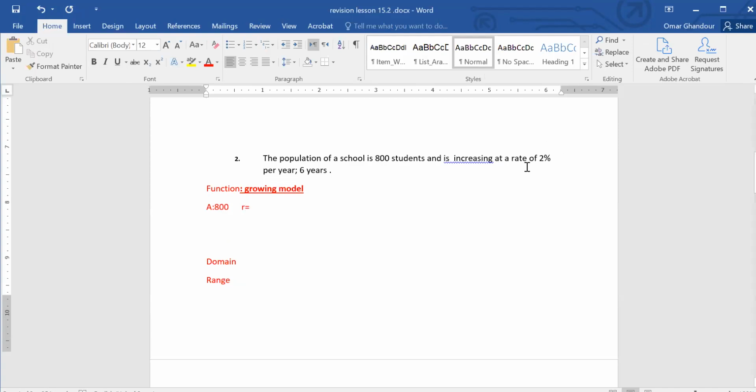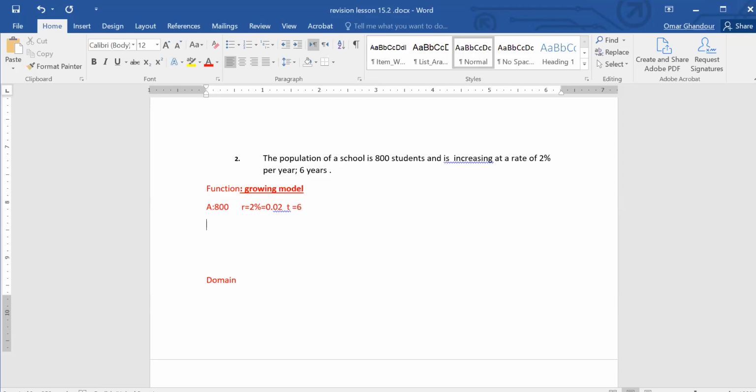What about R? R is at a rate of 2%, which is actually 0.02 when you divide it by 100. And then what about T? The T is 6 years. So now let's write the equation.